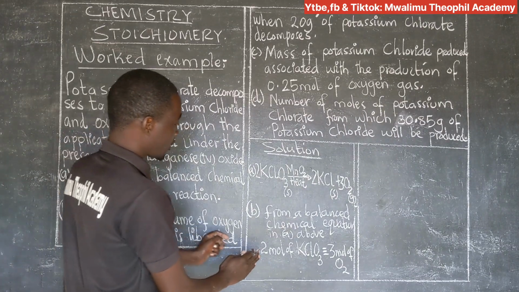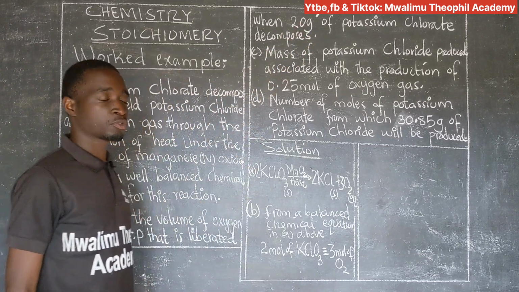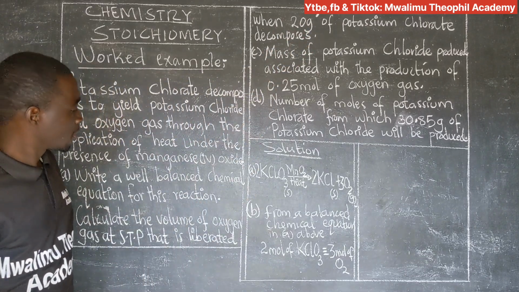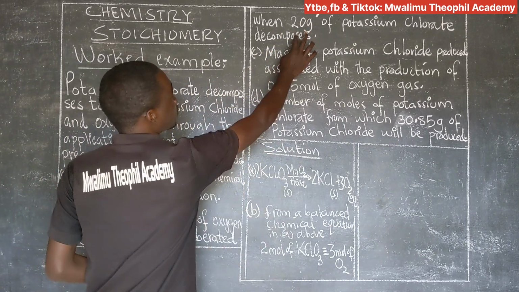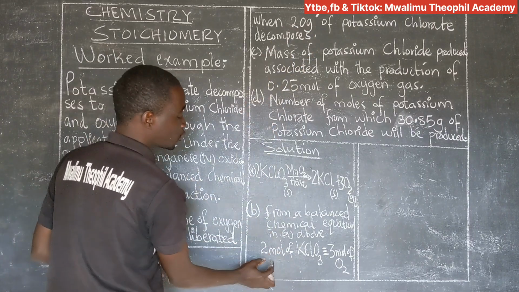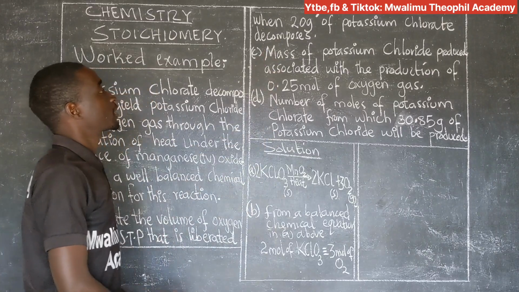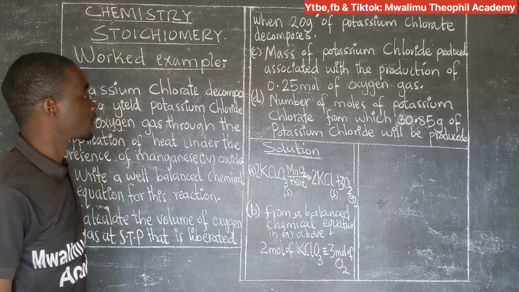But we are given, for potassium chlorate, 20 grams. For us to bring this 20 grams here, it should be changed into moles. So let's convert 20 grams of potassium chlorate into number of moles.